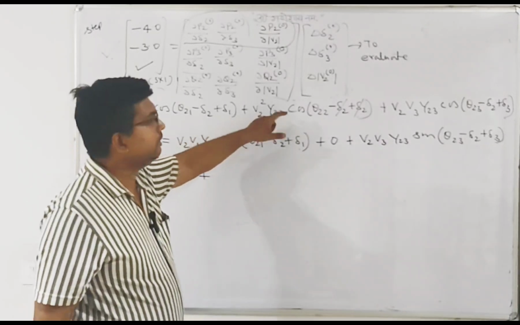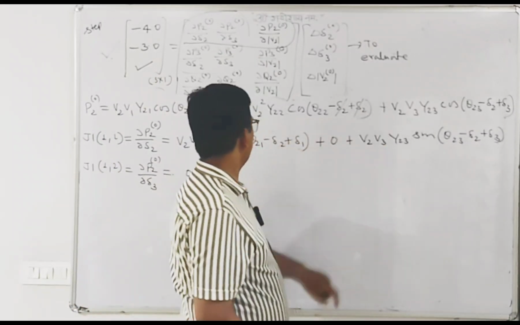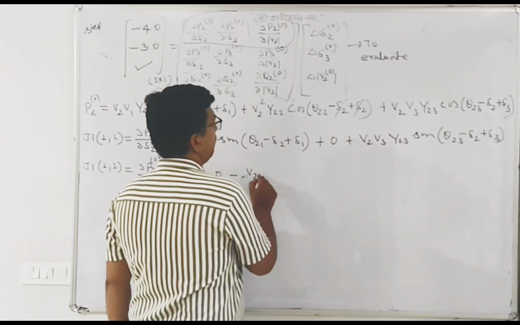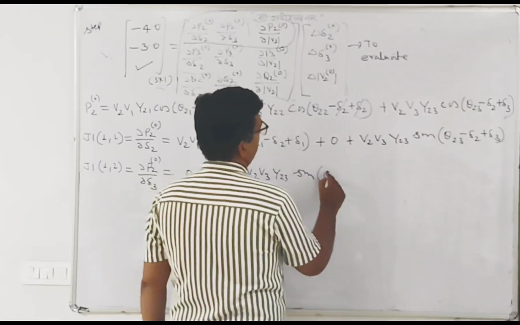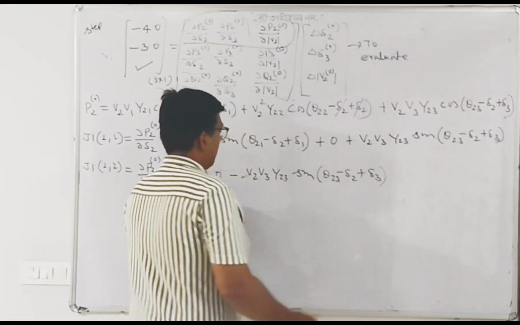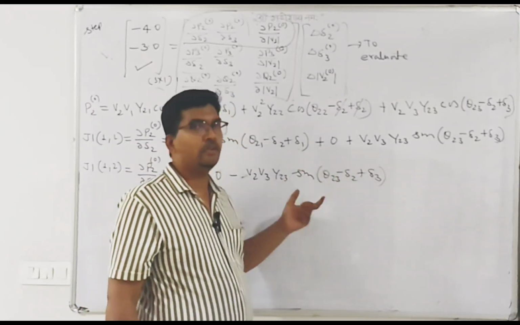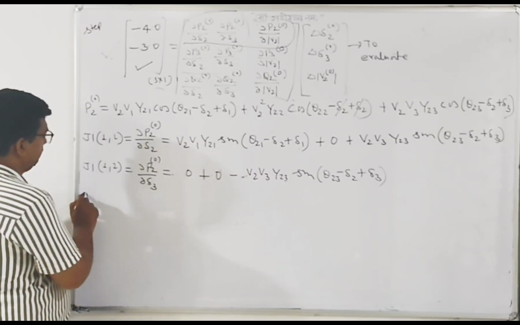Is there any term of delta 3? No. This becomes 0. Now what is this differentiation? The cosine differentiation will be a minus sign. That is the important thing. So V2, V3, Y23 sine theta 23 minus delta 2 plus delta 3, with a minus sign. Here it will not be plus 1, because delta 3 is a function whose differentiation is plus 1, not minus 1.